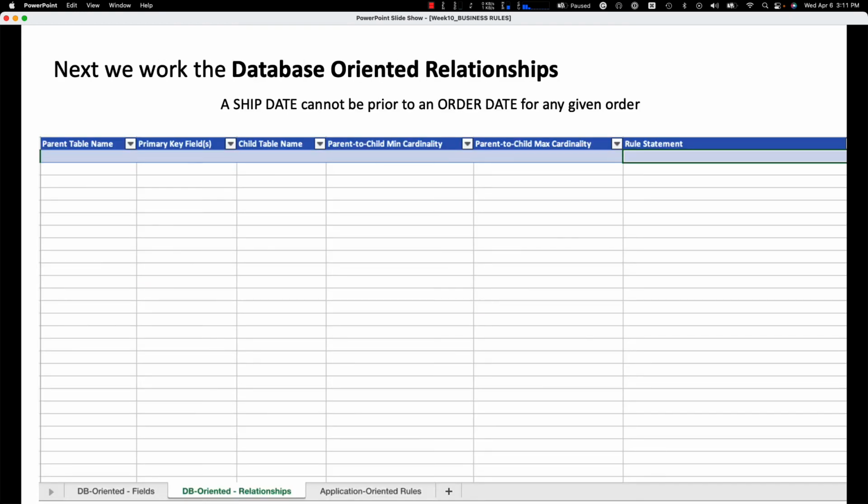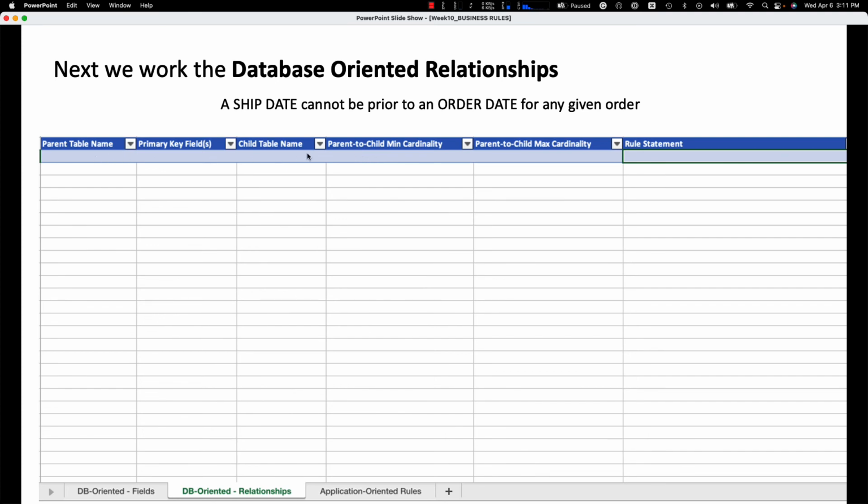The next tab we have is the database-oriented relationships. An example could be a ship date cannot be prior to an order date. So if the parent table is order and the primary key field for that one is order number, and the child table is shipments, and the parent minimum cardinality is you can't have less than one.